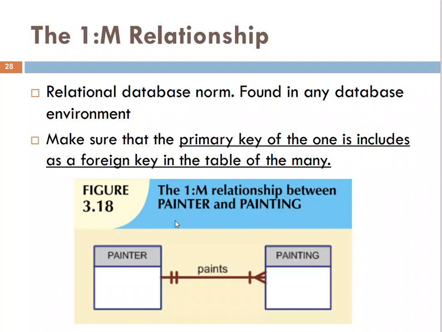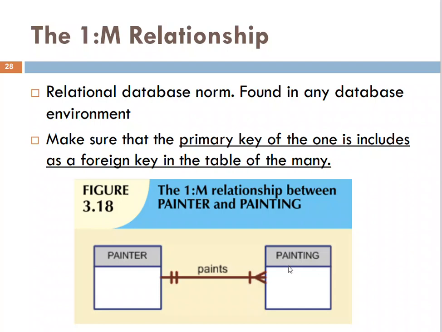Okay, maksudnya, untuk contoh, let's look at figure 3.18. This one shows a one-to-many relationship between painter and painting. Seorang pelukis boleh melukis satu atau banyak lukisan.